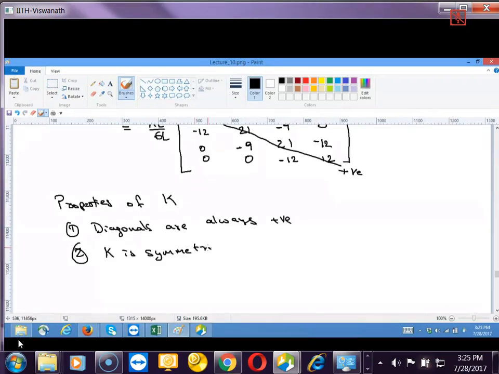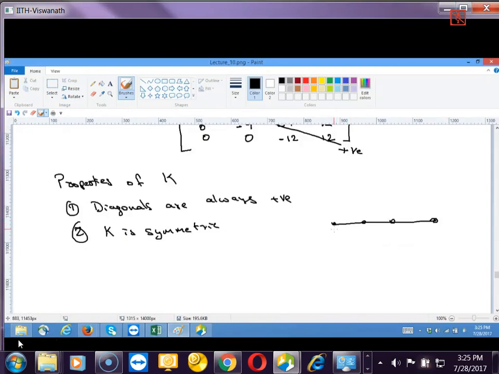And there are other things. One can show that if you have a structure, I want to understand the meaning of this: if you are displacing a given node by unit distance, the amount of forces that are required at all the nodes to keep it under equilibrium is given by the structure.